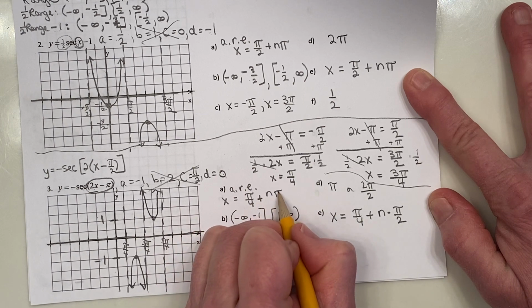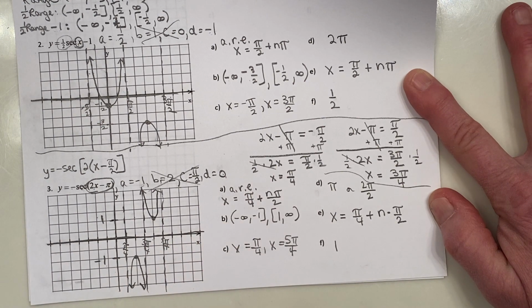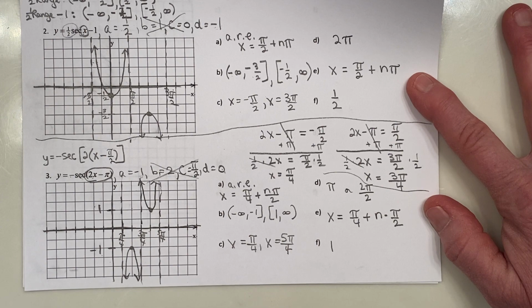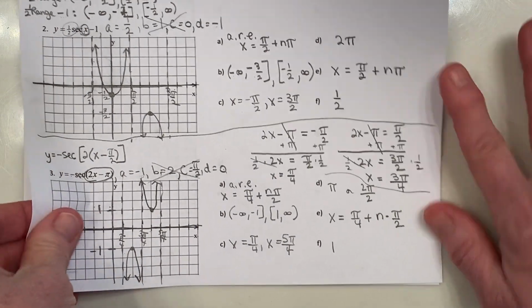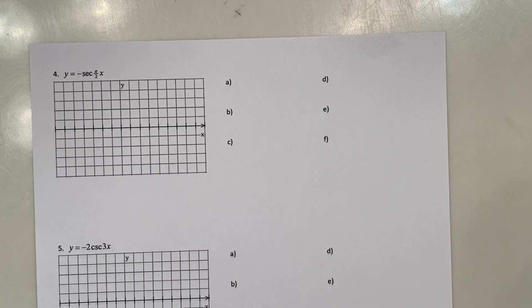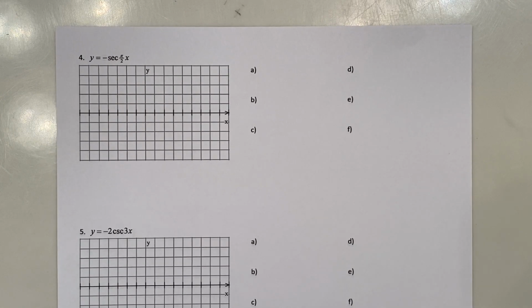We usually stack it like n pi over 2. So every half pi, we'll have another vertical asymptote. I think we have one more secant here. This one's kind of interesting.